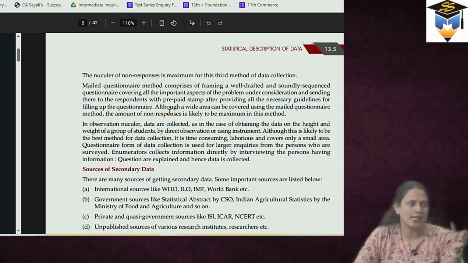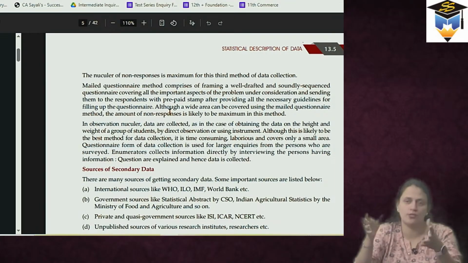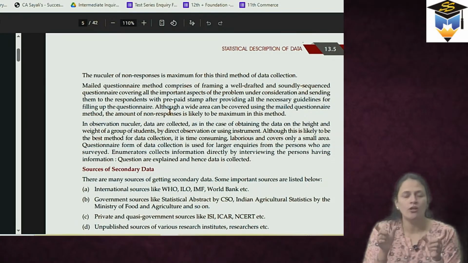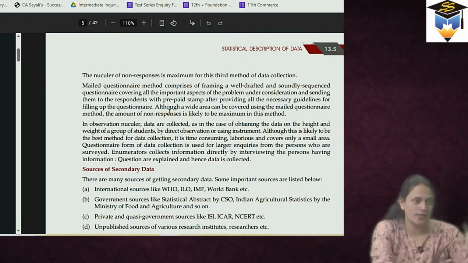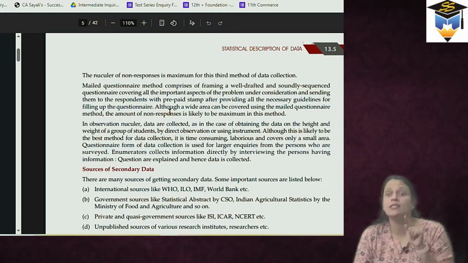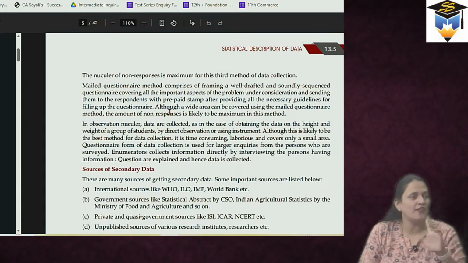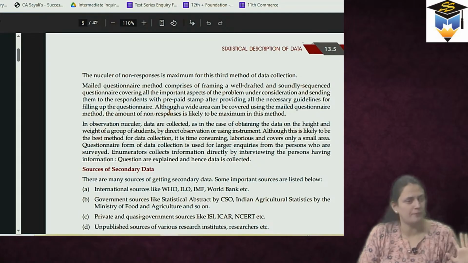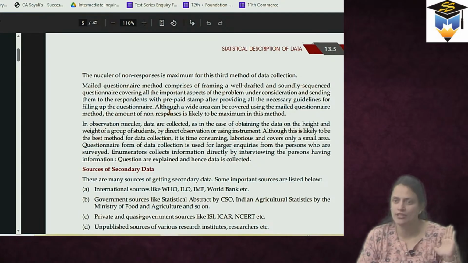So guidelines have to be mentioned. Suppose I give both of you a questionnaire, I will give you one set, you one set, but I will have to explain that these fields are compulsory. The star marked fields are not compulsory.